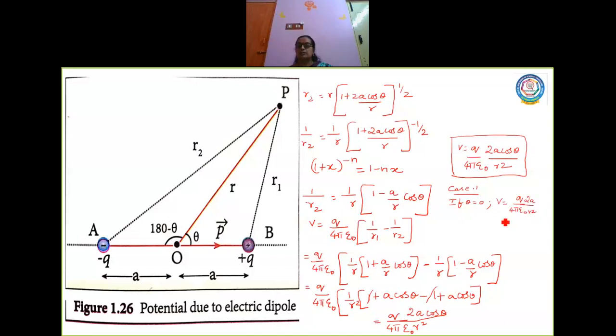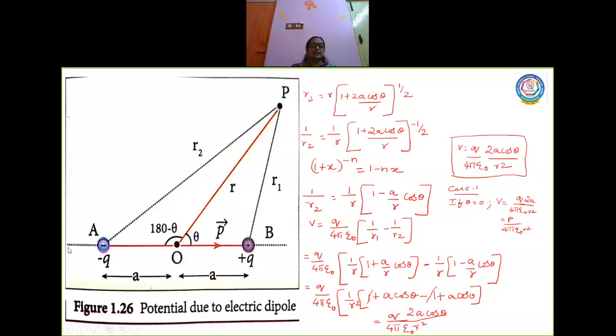So what is Q2a? I can also write Q2a as P, dipole moment, P by 4 pi epsilon naught r square, right? This is the first case. Now second case, I am going to consider the point P to be near this negative charge. So suppose consider this point here.